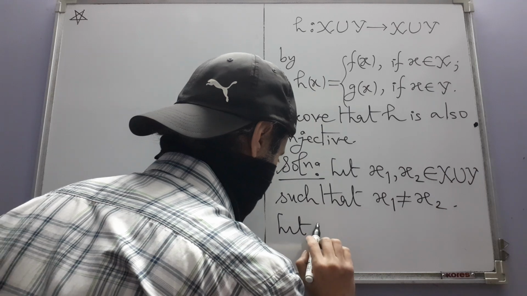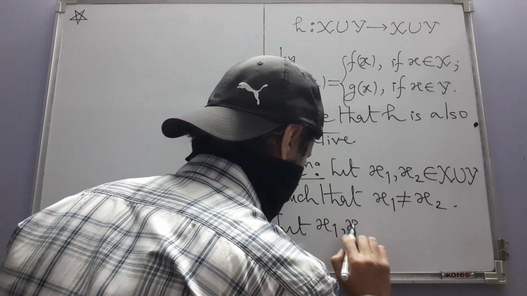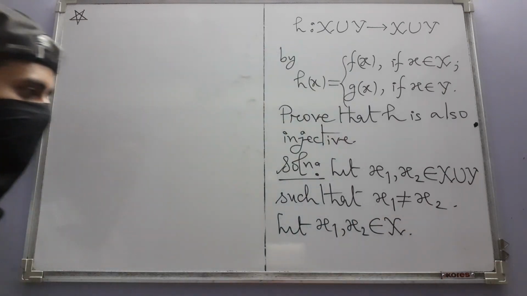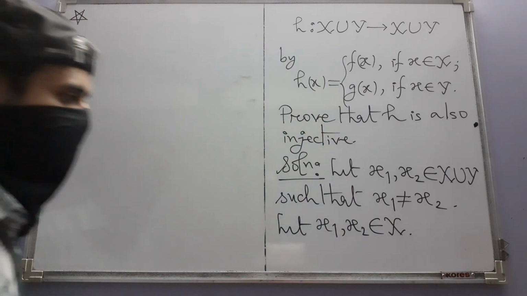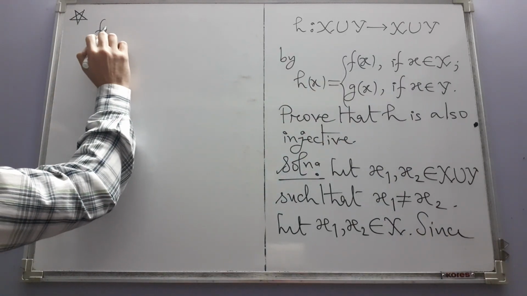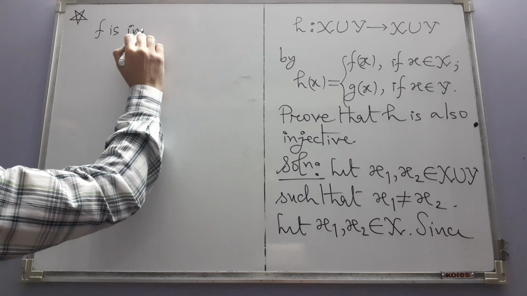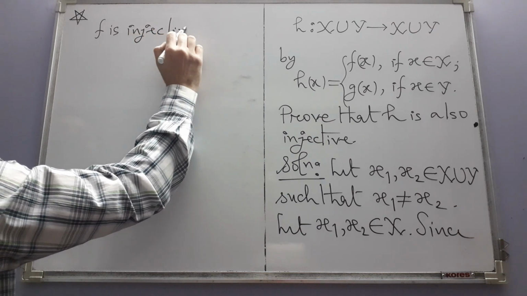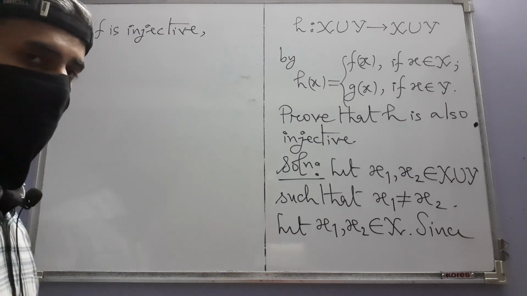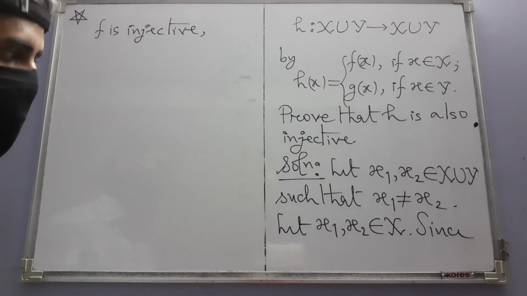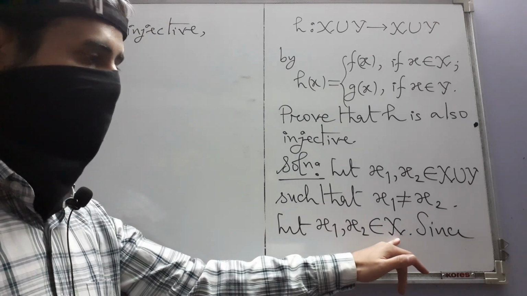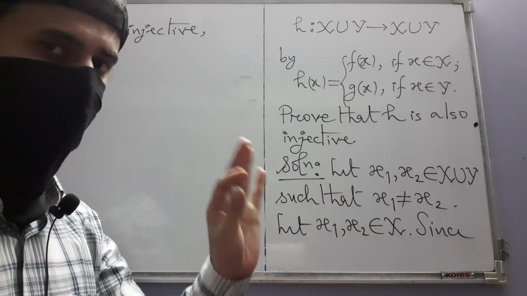Let us first assume that x1 and x2 both belong to X. Since f is injective, f of x1 is different from f of x2, and it makes sense to consider the f images of these elements because they belong to X, which is the domain of the function f.